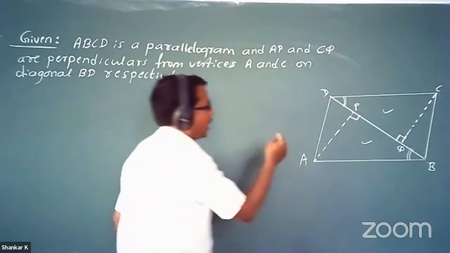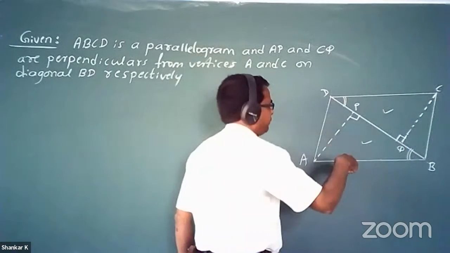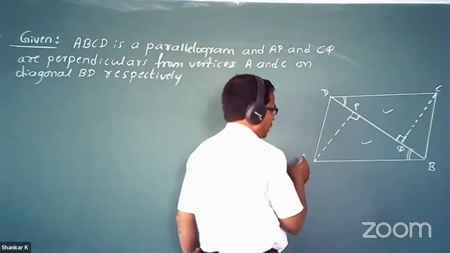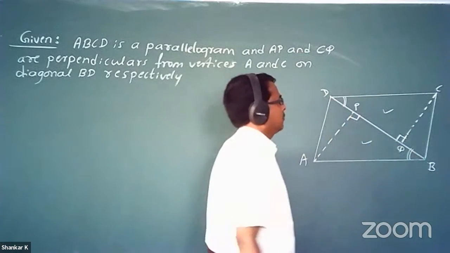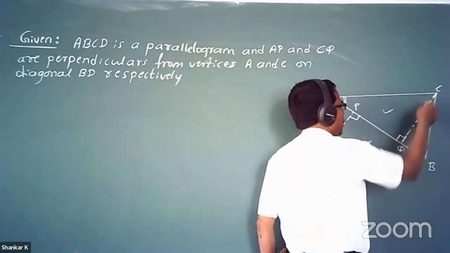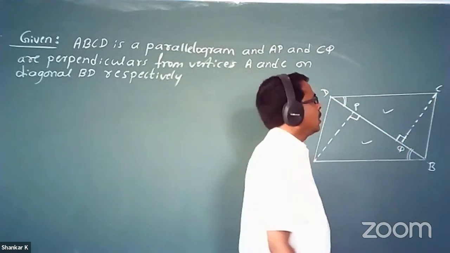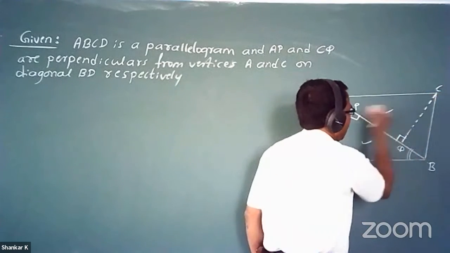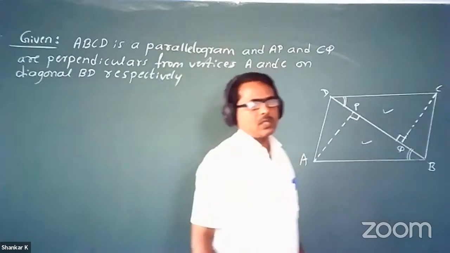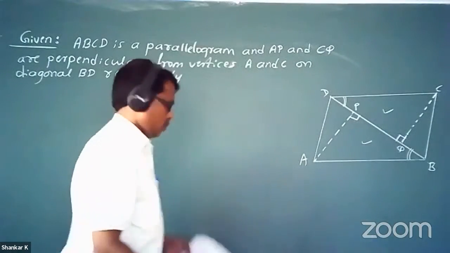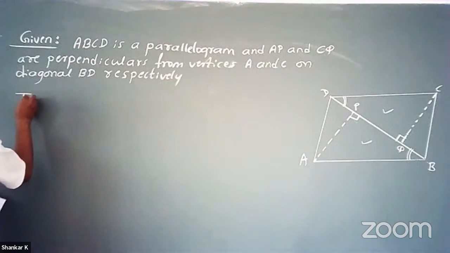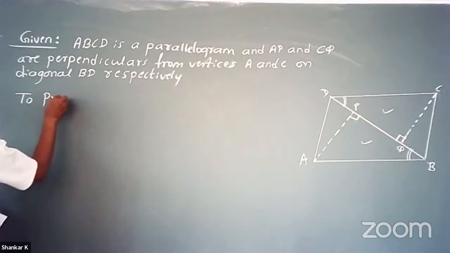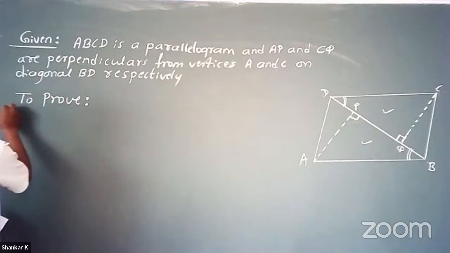What is given? ABCD is a parallelogram. AP is a perpendicular drawn from vertex A to line BD. CQ is a perpendicular drawn from vertex C on BD. This much is given. Now, what should we prove?